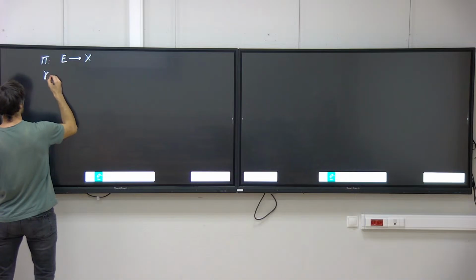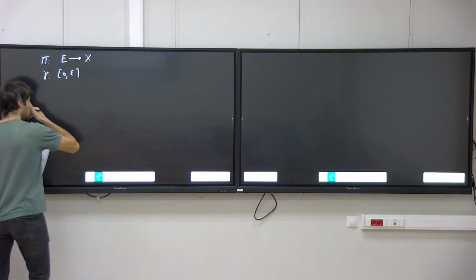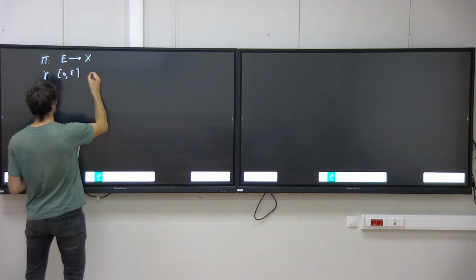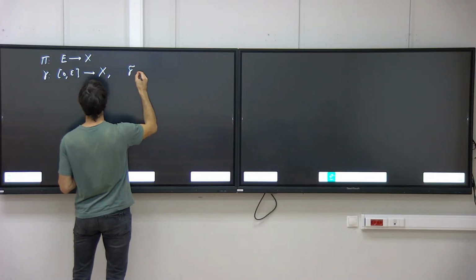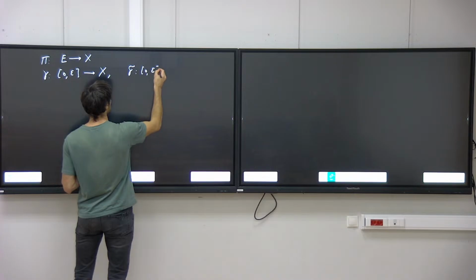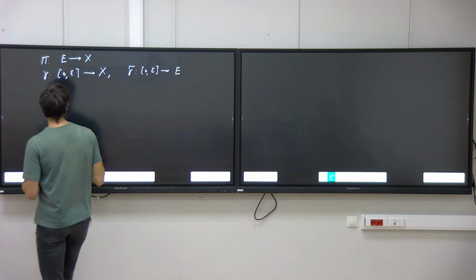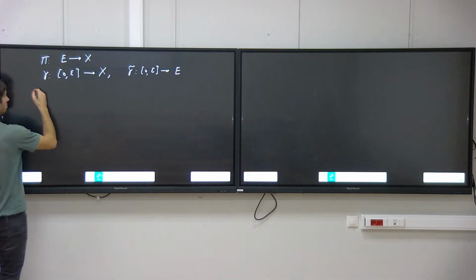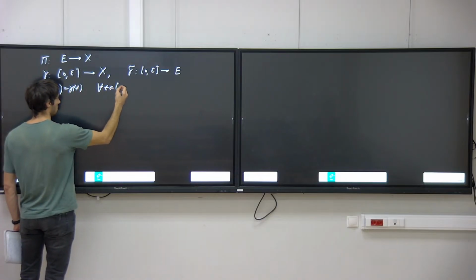One curve is defined on an interval, and it's on X, another curve, gamma tilde, is on E, and one curve is a lift of the other, meaning that pi of gamma tilde of t is gamma of t for any t from this interval.